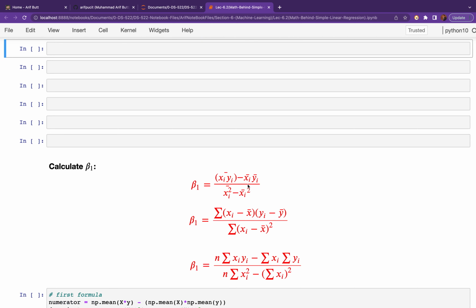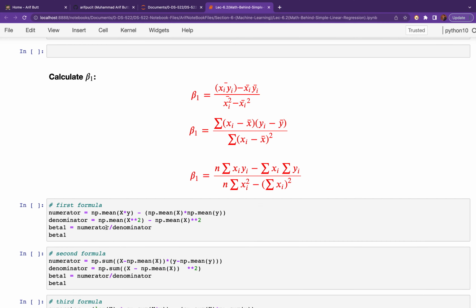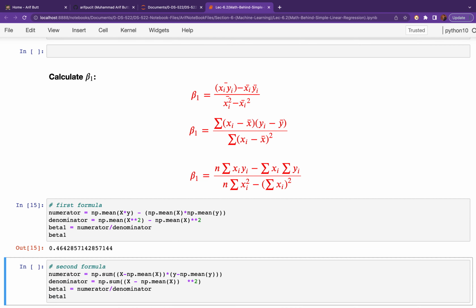We have already derived this first formula. The other two are just a variation of it that you may come across in different books. I've just written them so that you should not get confused. You can use any of these three. I think the code is self-explanatory. I am just using numpy's method to calculate beta 1, which comes out to be 0.46.